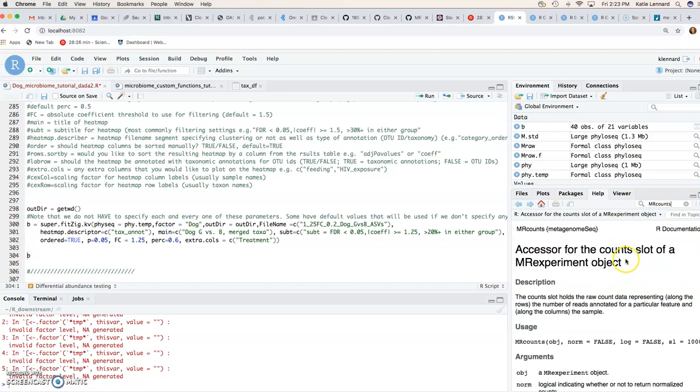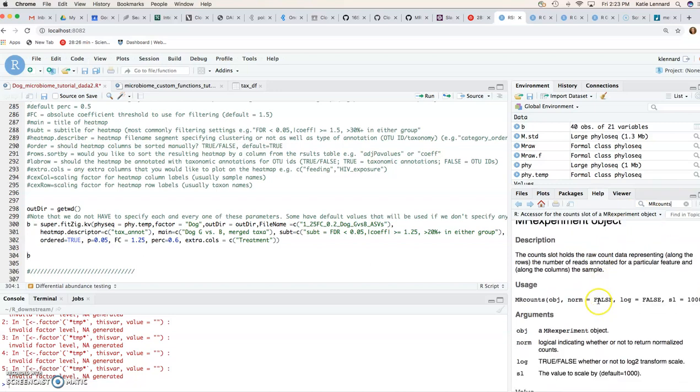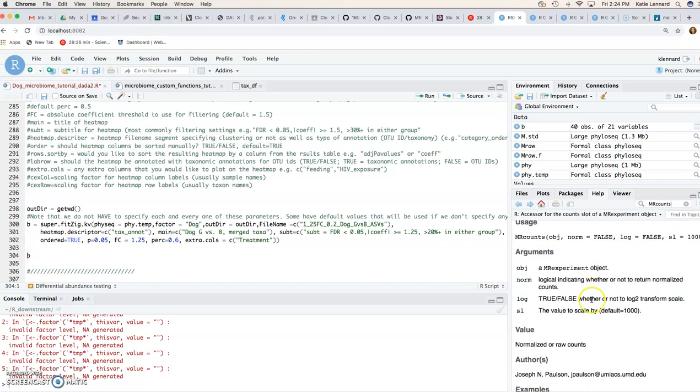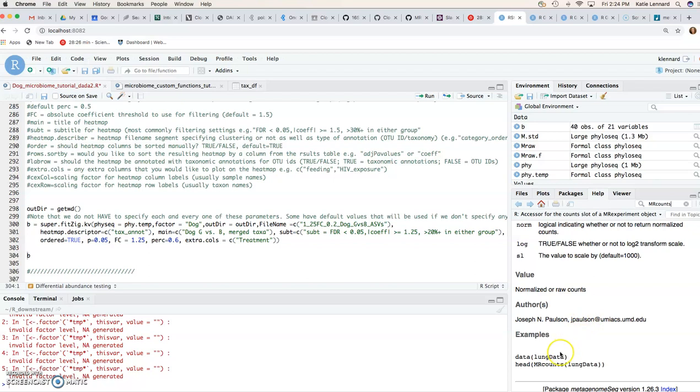Those scaling factors that were included in the model, you can also apply to your raw counts. You apply it to an MR experiment object, which we would have gotten using the make metagenomeSeq function that we applied to our phyloseq object, and then you would say normalize equal to true, and that output will give you normalized counts that you can use in other aspects of your analysis.